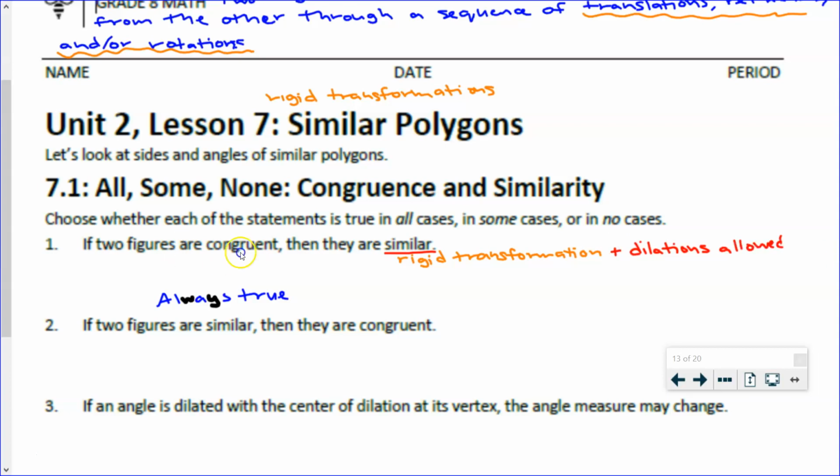However, if it's congruent, that means only rigid transformations are allowed. So again, kind of think about what this means. Exactly, rigid transformations are an option. Do we have more options with similarity? Yes. But if all we're allowing is rigid transformations, then of course, in the one that allows rigid transformations, it's always going to work out.